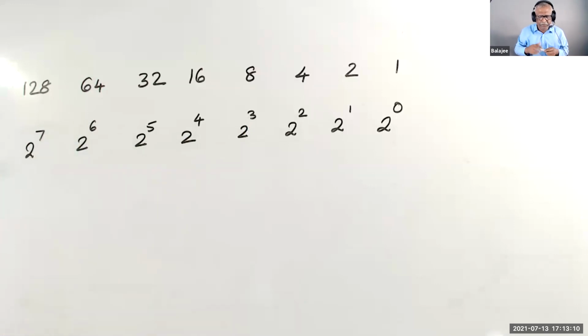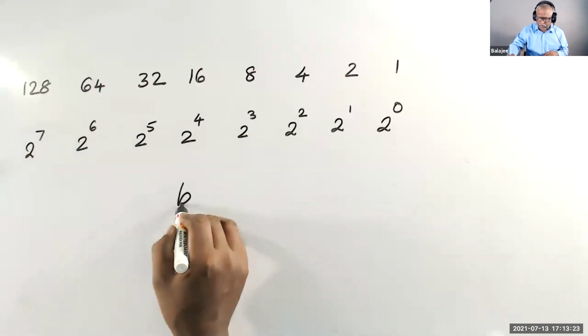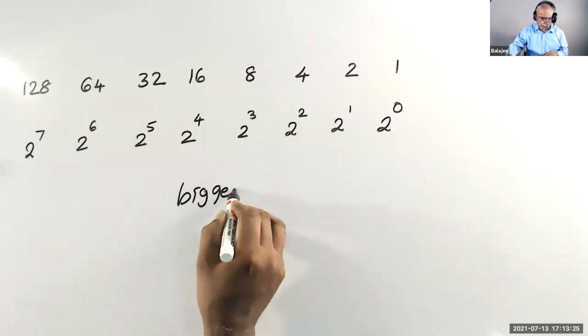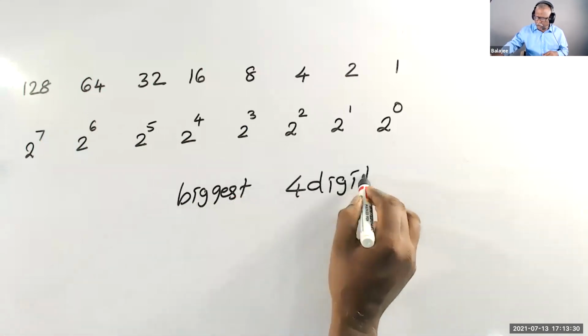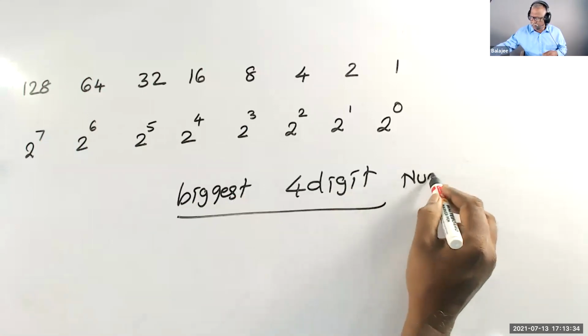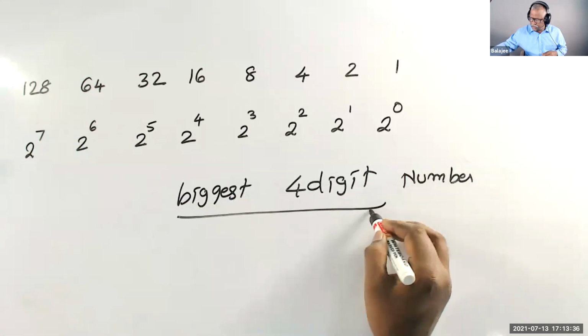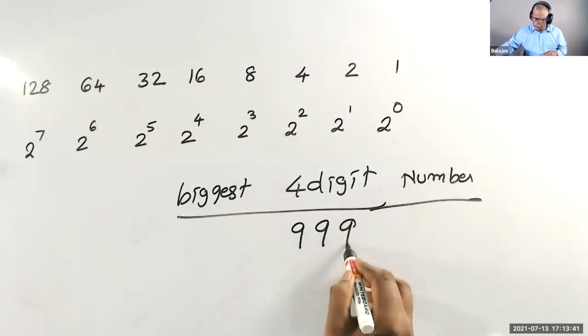Normally, in decimal, if I ask you which is the biggest 4-digit number, we say 9, 9, 9, 9.